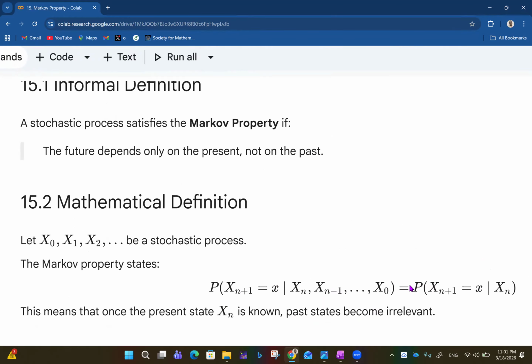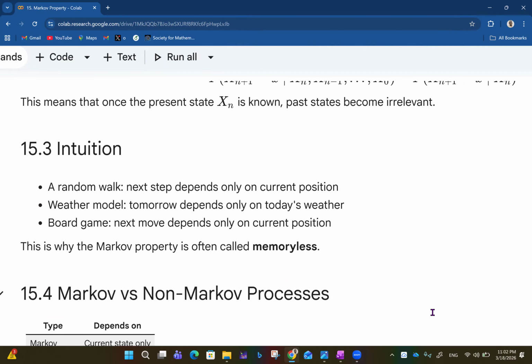So the probability is simply that xn plus 1 is equal to x given that xn is already in place. This means that once the present state xn is known, past states become irrelevant, right? So every step only determines the next step after it, and that's all. That's the mathematical definition right there.